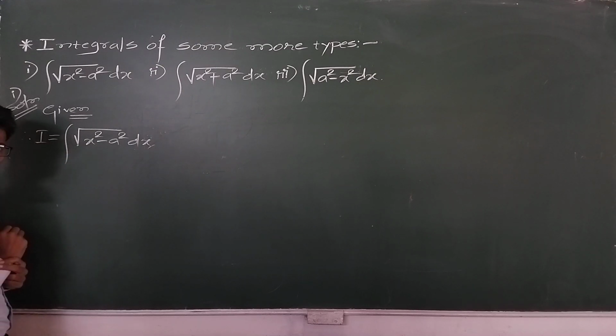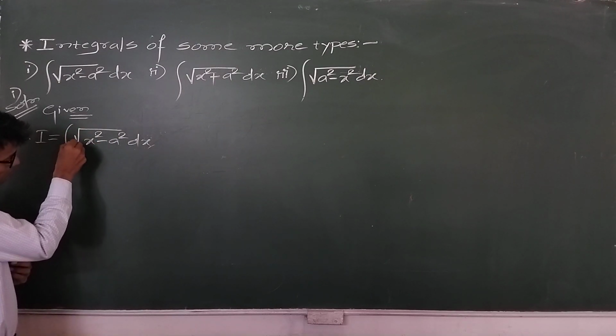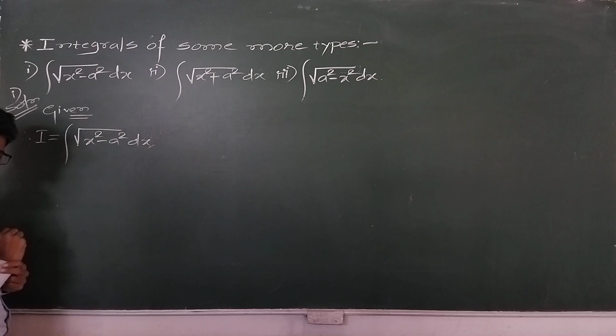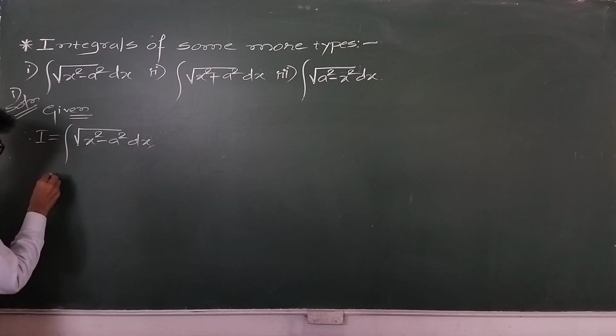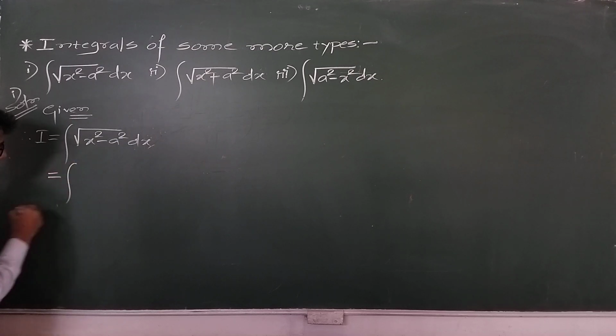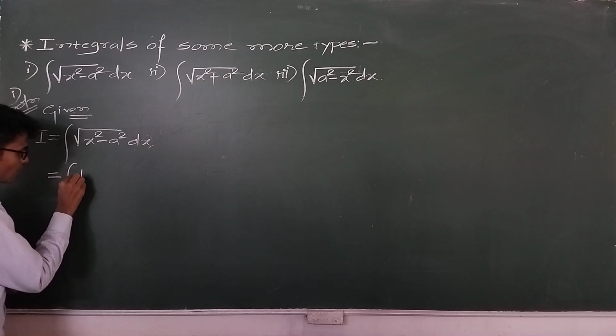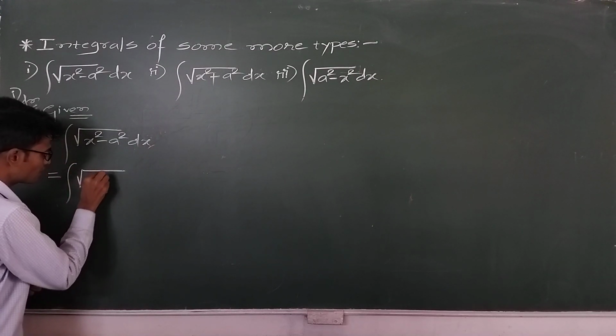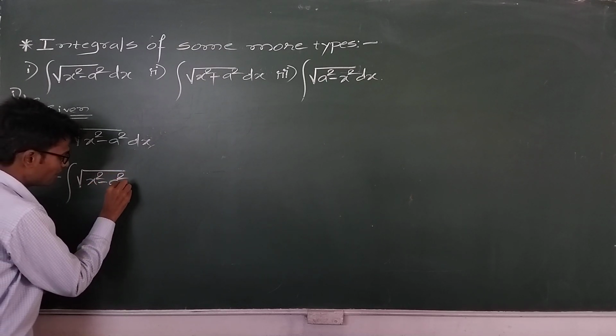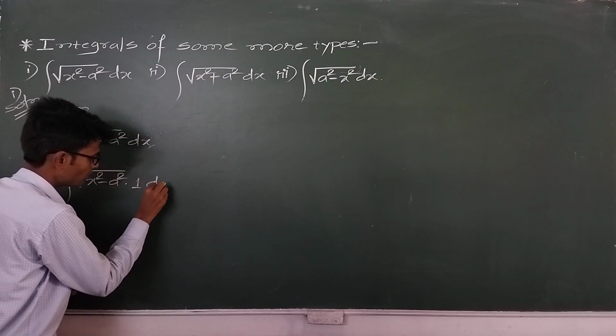And you write square root of x square minus a square as square root of x square minus a square into 1. Right? So I will write I equal to integration of square root of x square minus a square into 1 with respect to x.